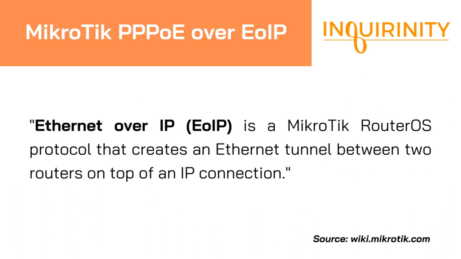According to the MikroTik Wiki, the official MikroTik documentation, Ethernet over IP or EoIP is a MikroTik RouterOS protocol that creates an Ethernet tunnel between two routers on top of an IP or layer 3 connection. It makes sense for our case to use an Ethernet tunnel since PPPoE is a layer 2 protocol.